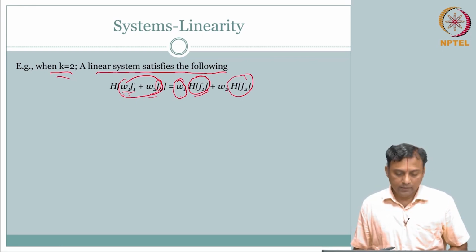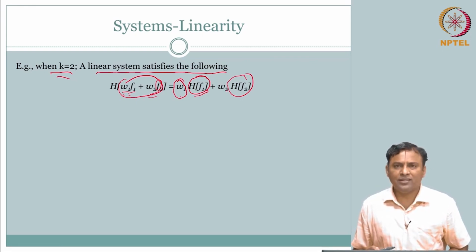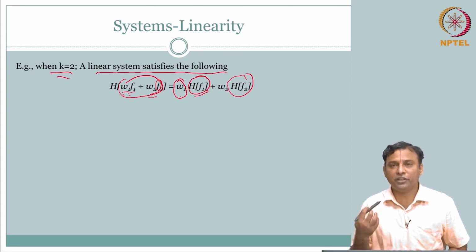Clear? So this is a very important property, and why is this important? Essentially we are getting to what happens if we can have a signal seen as a combination of signals.